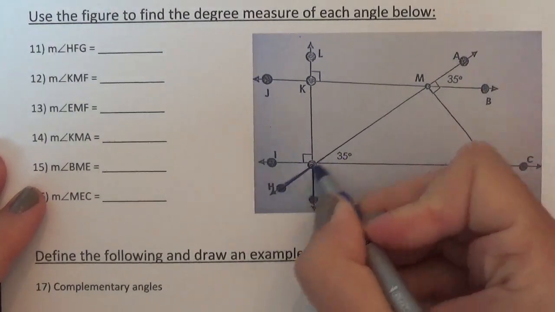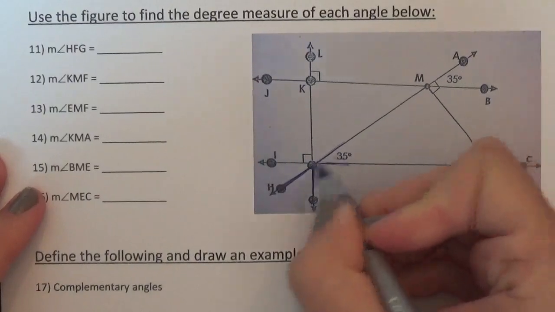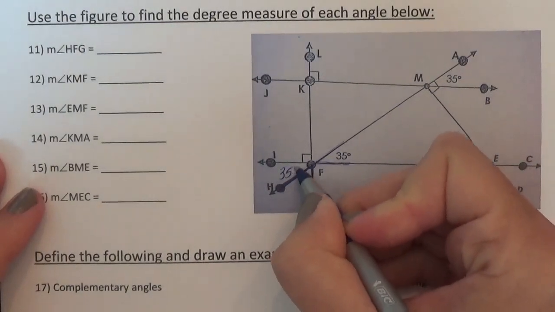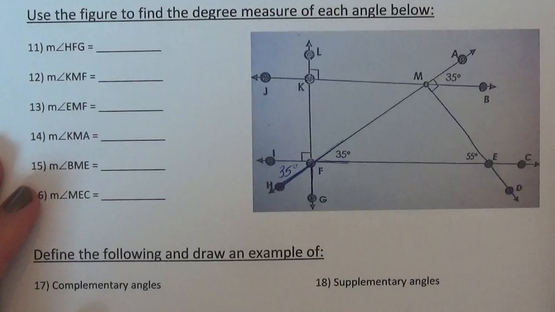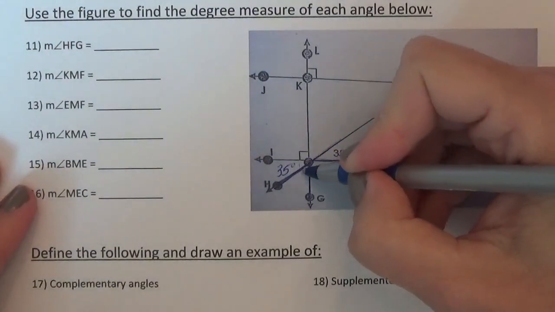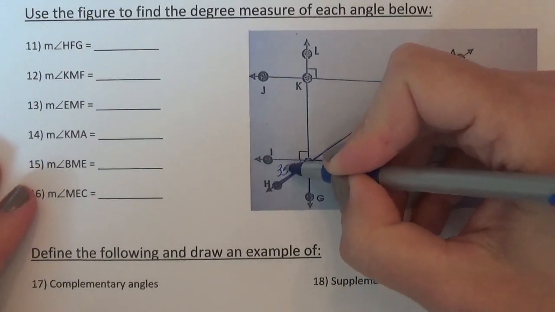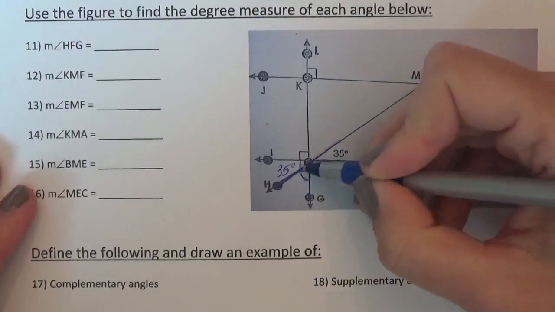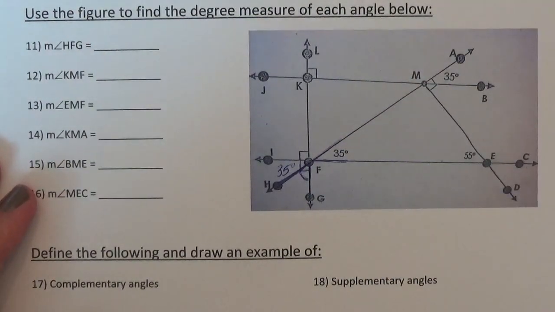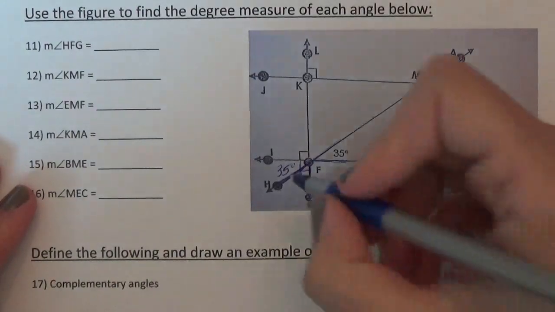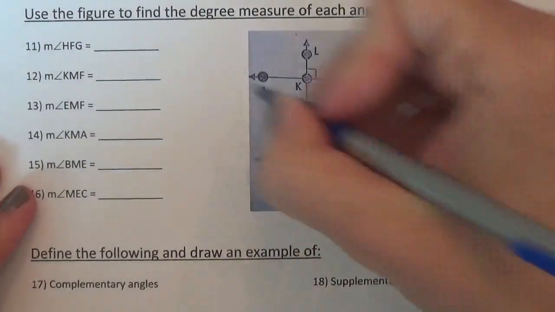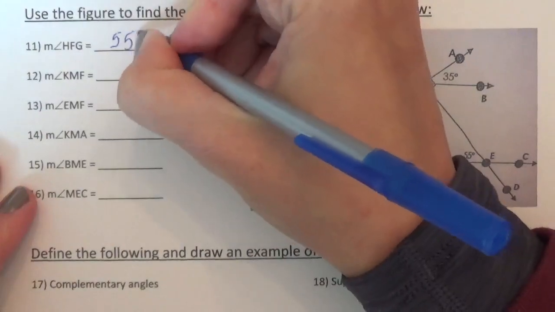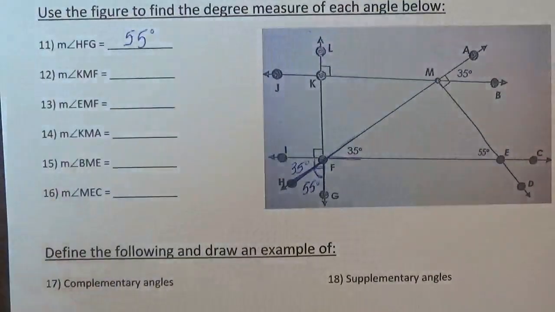Look, 35 is actually here. Oh, but check it out. This is a 90. So if this is 35, how can you figure out this missing part? You could do 90 minus the 35, which is 55. Okay, so this first one is 55 degrees.